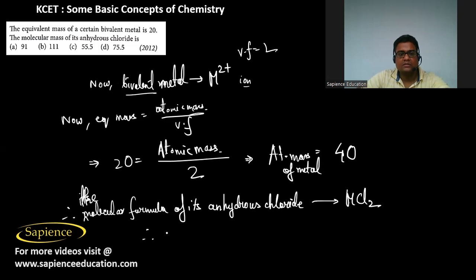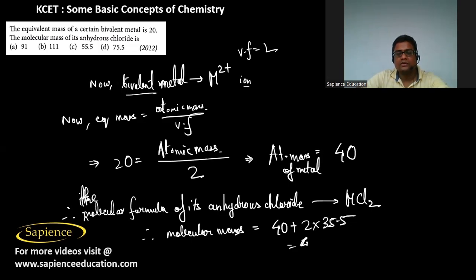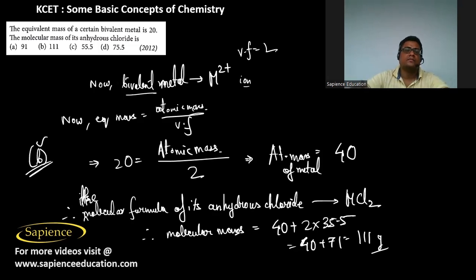Therefore the molecular mass of this anhydrous chloride will be equal to the atomic mass of the metal M, that is 40, plus Cl2, which is 2 into 35.5. So that will be 40 plus 71, that is equal to 111 gram. So it means that option B is the correct answer.